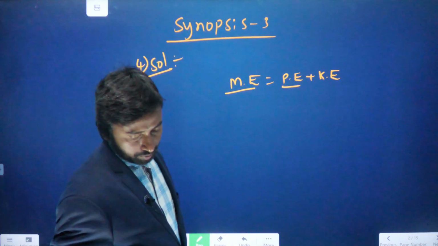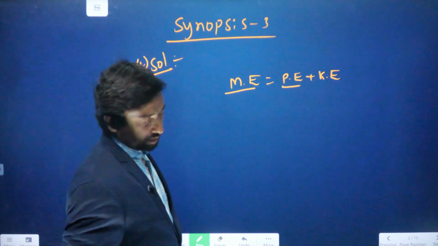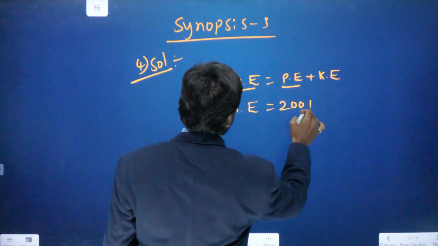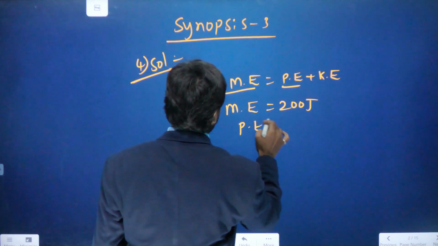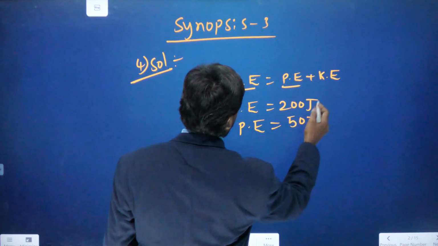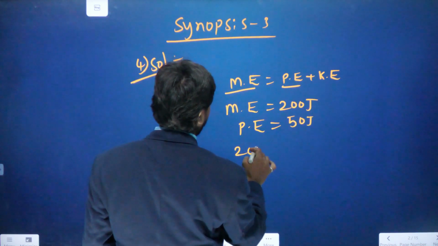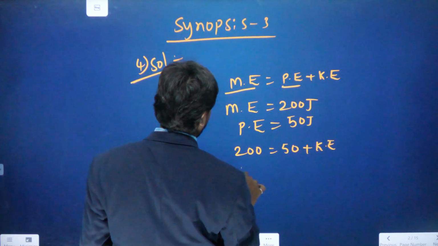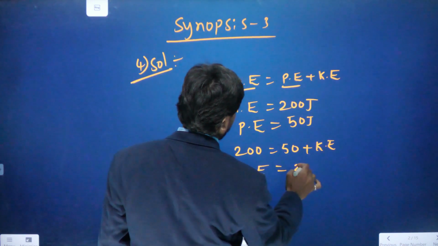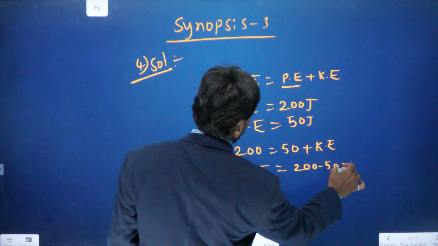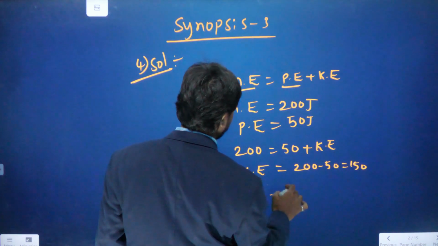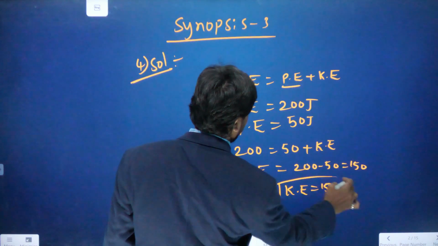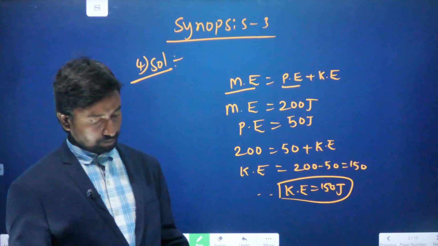Substitute there: 200 is equal to 50 plus kinetic energy. So kinetic energy is equal to 200 minus 50, we will get 150 joules.